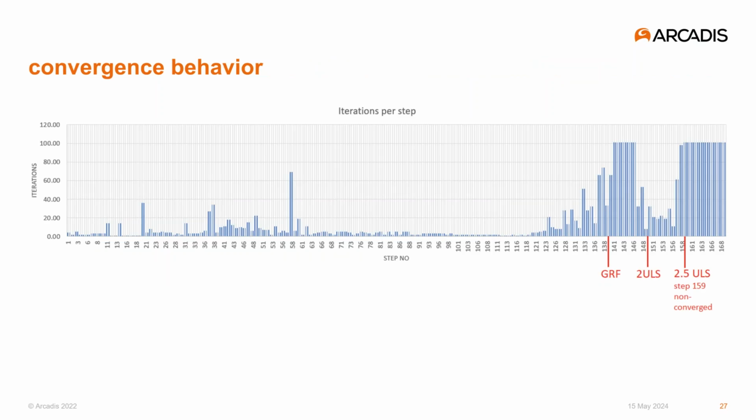We talked about convergence behavior before. Actually, for this analysis, it was not too bad, at least up to reaching the global resistance factor load level. This graph shows the number of iterations per step. The first non-convergence occurs just after GRF load level, and it lasts 5 steps before convergence is established again.